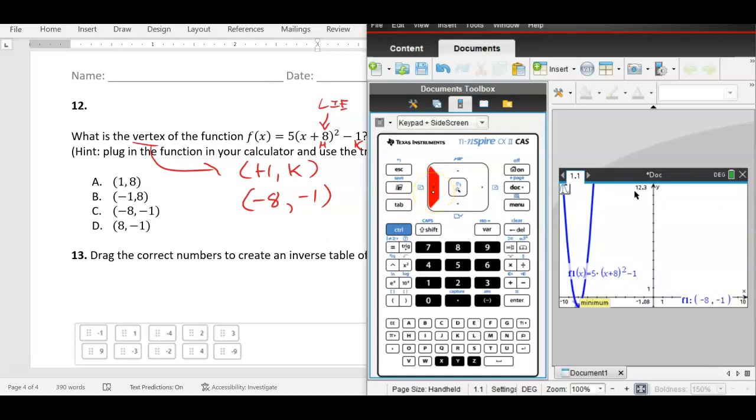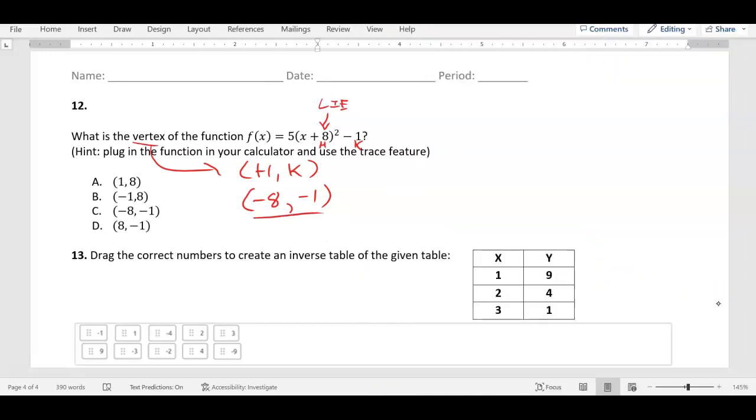It's going to say the word minimum, -8, -1, we get the same answer. So you can use the trace feature, menu 5, 1, and you have to go left to right and find the minimum. It's not going to say the word vertex, but minimum or maximum.